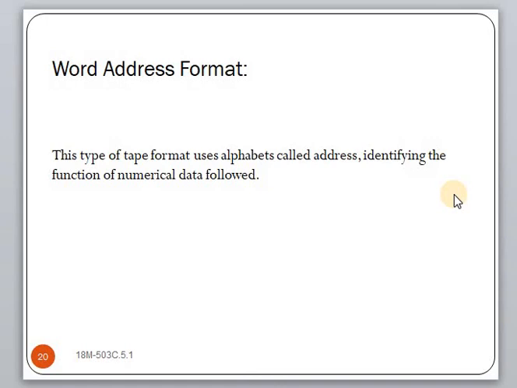So, T01 means the word T01 is interpreted as T representing tool number 1. Let me show you that. So, like this, T01 represents the tool number 1.